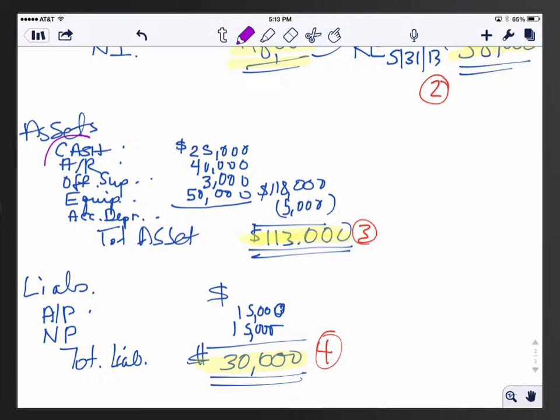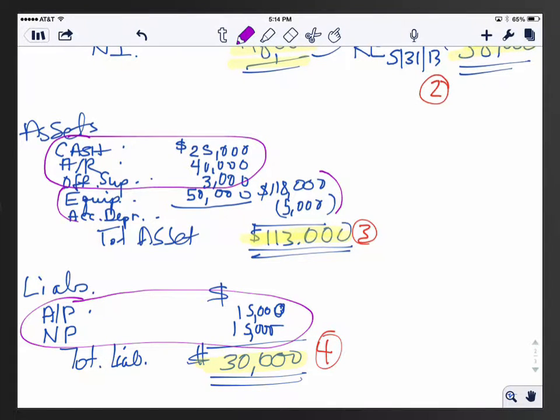We've got these assets here. Equipment is not going to be counted because it's long-term. And we have all of these liabilities, which presumably are short-term. If we had something long-term, it would probably be called long-term notes payable or some other more descriptive term like mortgage payable, with a much more long-term view.